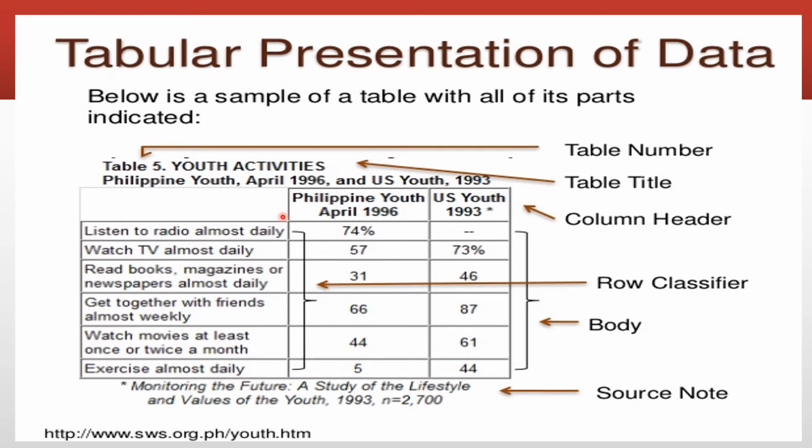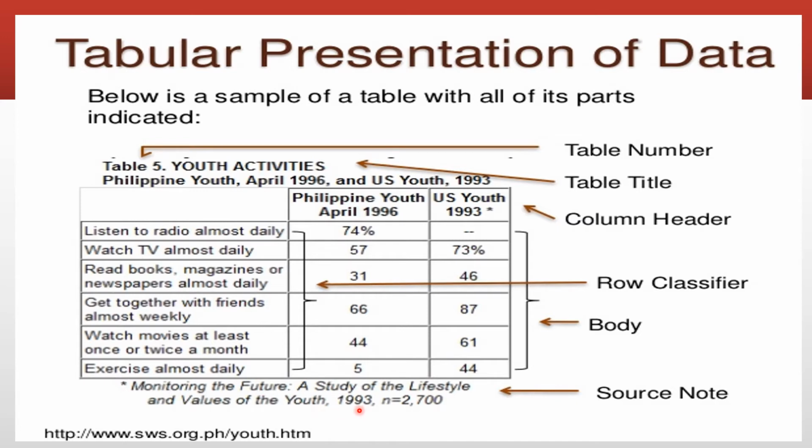So you have the column header or the captions, you have the stubs or the row headings, you have the body of the table where you see all the numerical data and you see the various cells in the table. You have the source note. So it tells you that the table is obtained from a book called Monitoring the Future, a study of the lifestyle and values of the youth.